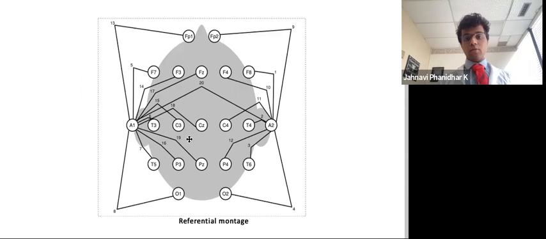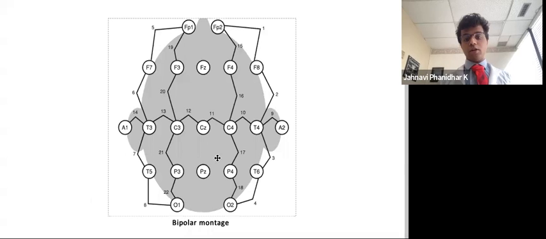You can see a referential montage here, which uses the auricular electrodes as the common reference for all other electrodes. And this is a bipolar montage in which we can see that each electrode is used as a reference for the previous electrode.